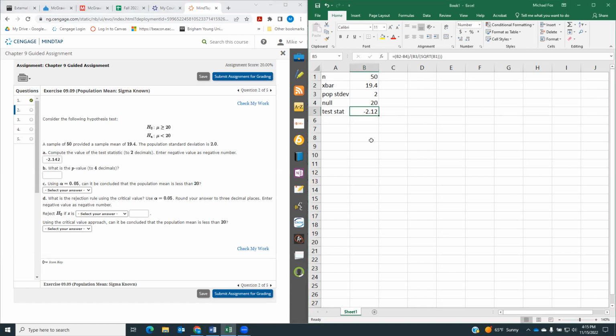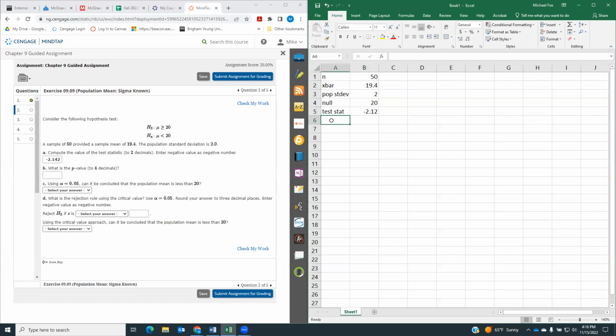So we know our sample is less, but is it enough less that we can believe that the population mean has truly gone down, right? Because the sample mean could be a little bit less than the population mean, but because of standard deviation, it doesn't necessarily mean the population mean has actually gone down. So that's what we're trying to figure out.